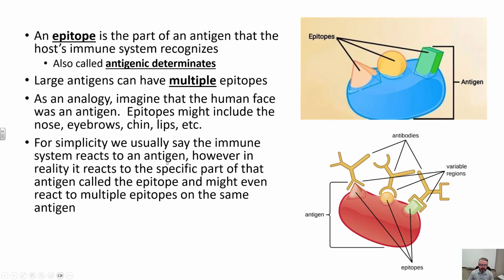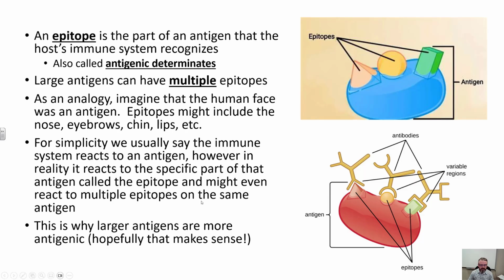Very often what people say is that the body reacts to an antigen, usually just for simplicity. But actually, to be specific, we don't really react to the antigen. We react to the epitope, the little part of the antigen. So it's just kind of a matter of how specific you want to get, but technically speaking, we're reacting to an epitope, and that's why larger antigens tend to be more reactive or antigenic, because they have more components that the body can react to.